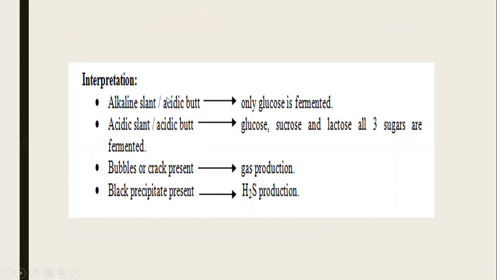So here is the interpretation of triple sugar iron medium: alkaline slant and acidic butt means only glucose is fermented. If acidic slant and acidic butt, glucose, sucrose, and lactose, all three sugars are fermented. Bubbles or cracks present indicate gas production, and black precipitate present indicates hydrogen sulfide production.